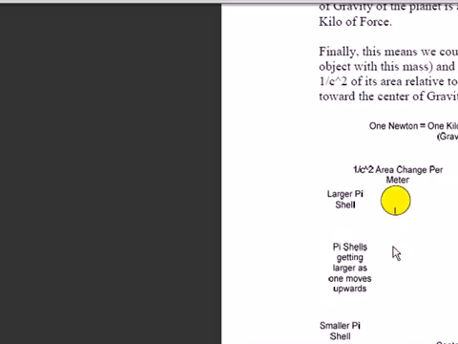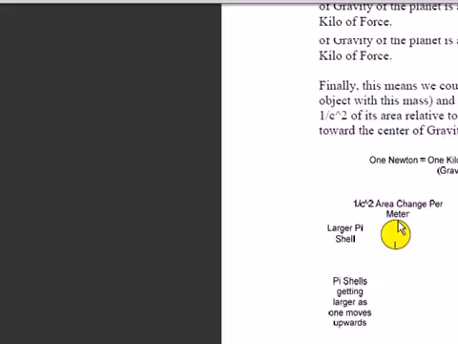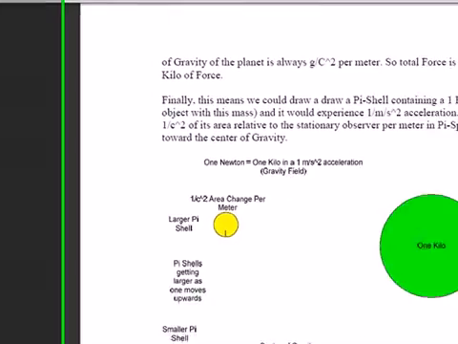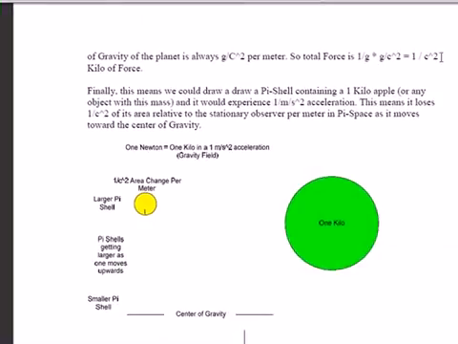So this is pushing down. If you had your hand under here, you would feel 1 Newton of force. The line represents the area loss, and it also represents the vector component, and that's 1 Newton. Just to recap, it's 1 over c squared kilo of force per meter.